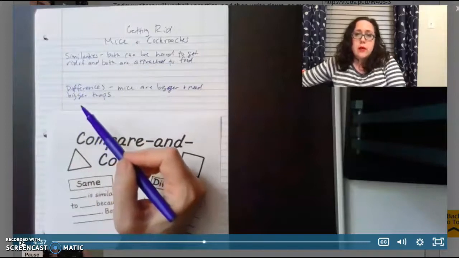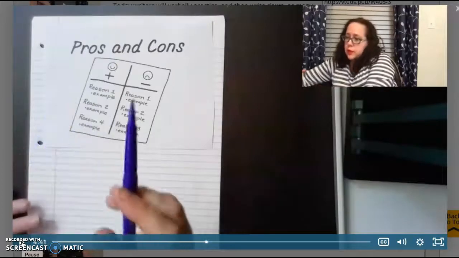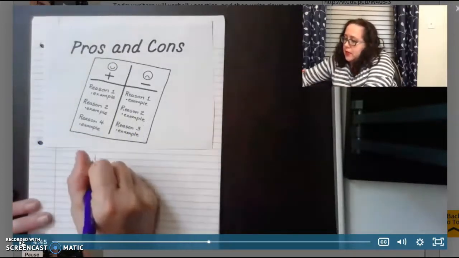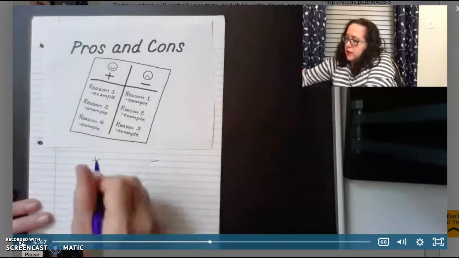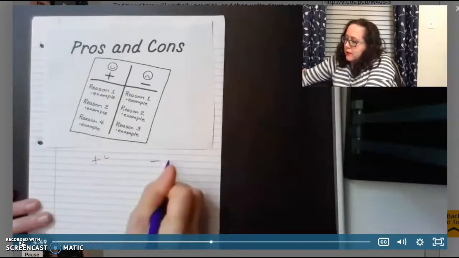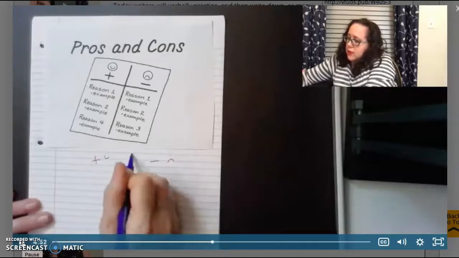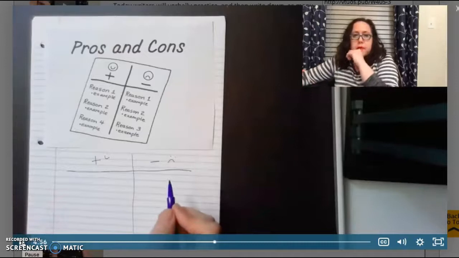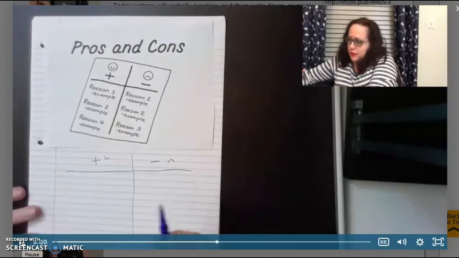Okay, now I'm going to try it with another structure. This time I'm doing it with pros and cons, so the positives and the negatives, or you could do a happy face and sad face. I'm going to do a little T-chart to help me here. I'm going to think about the pros and cons for getting rid of cockroaches, right?